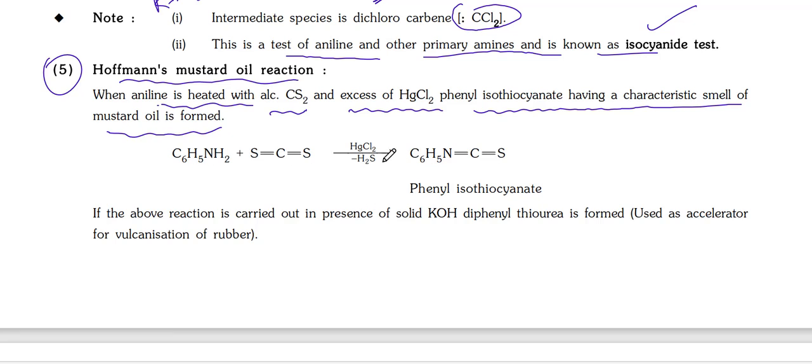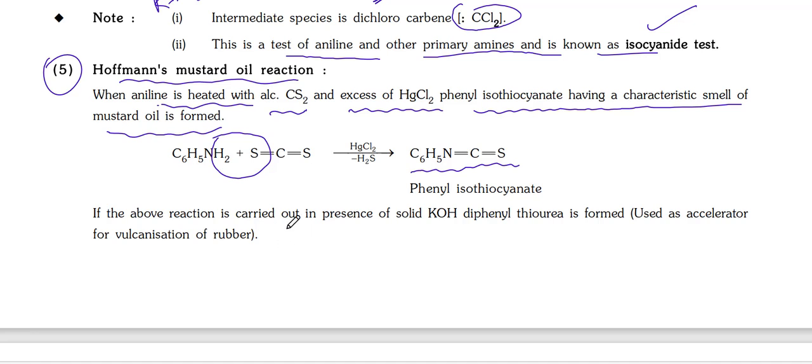Same explanation as in the aliphatic also. Okay, here phenyl isothiocyanate is forming. Generally we remove a water molecule, but here just remove H2S. Between the two, a double bond.